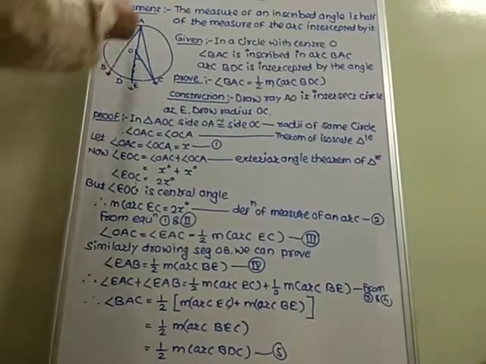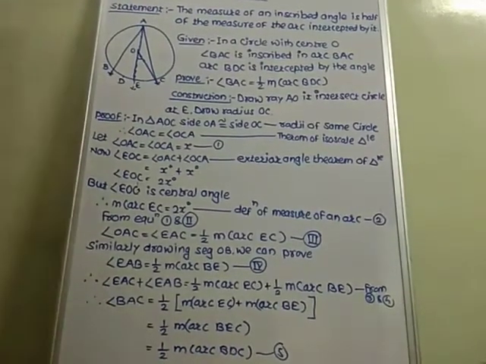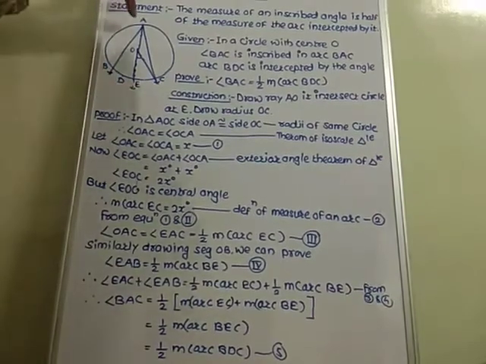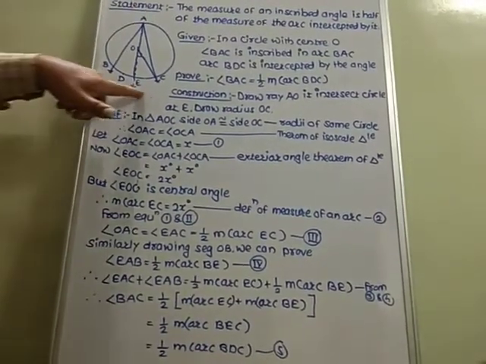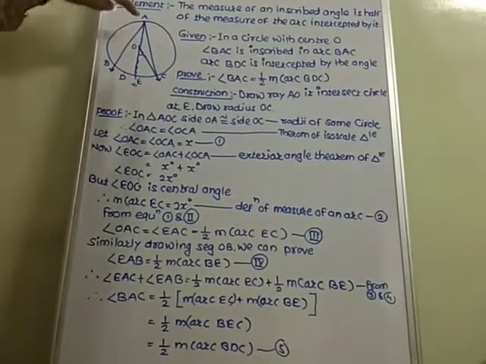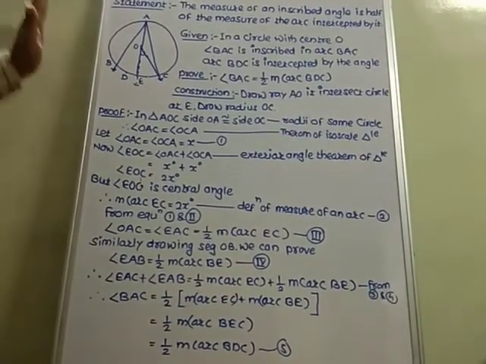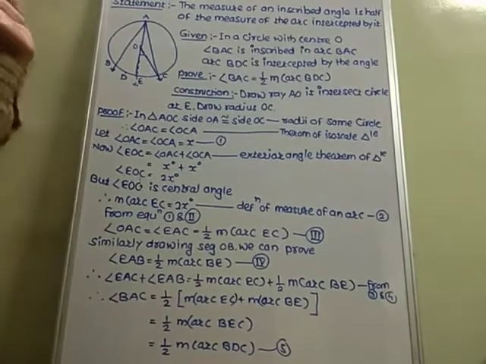Therefore, BAC is equal to half of BDC. That means this is the arc and this is the angle. Suppose the arc is 120, then the angle is 60, half of the arc. This theorem is finished.